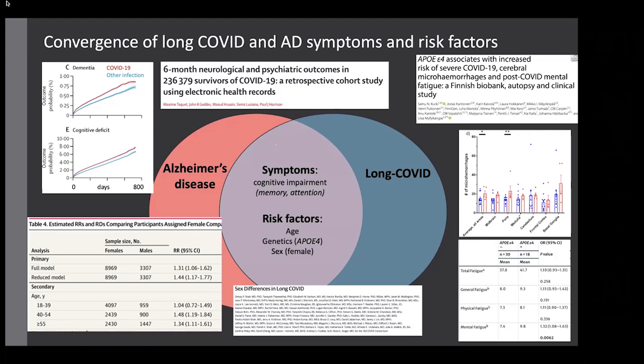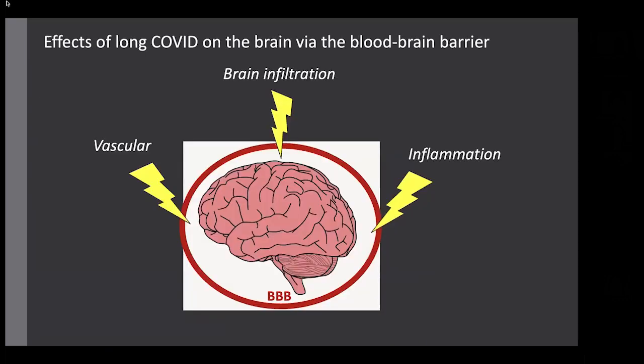And so we started to wonder, well, what are the mechanisms of long COVID? Do they kind of overlap or perhaps exacerbate the pathogenesis of Alzheimer's disease? We still don't understand the mechanisms of long COVID, but there are various hypotheses that are gaining traction.